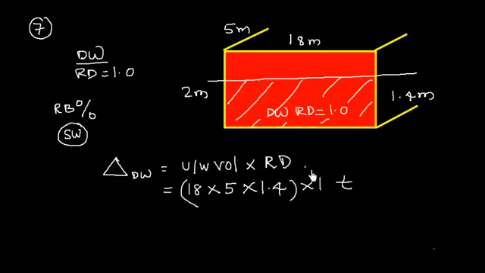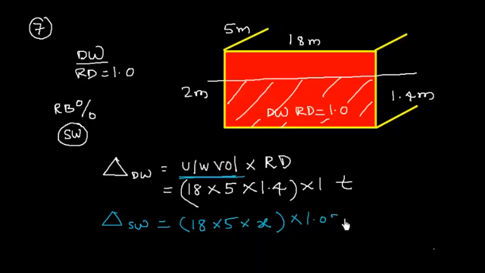Now if the same vessel goes to salt water, what happens? We can find the displacement in salt water, which is again underwater volume, and let me define this underwater volume as 18 into 5 into X, where X is the draft, into the salt water density, which is 1.025 ton.